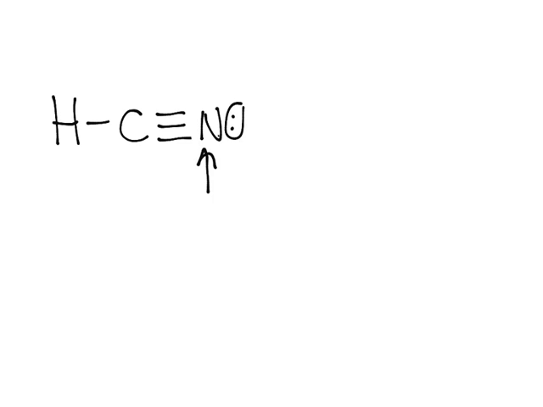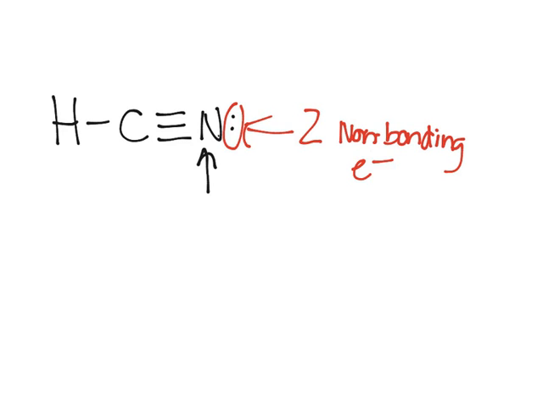Well, it has 2 non-bonding electrons, its lone pair. And as you can see, it has 3 bonds, so 1/2 of 6, because you have 6 electrons in that triple bond. Each one of those lines represents 2, and so 1/2 of 6 equals 3.